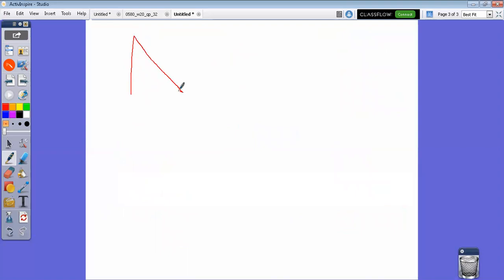What about if we have something like this? 21, 9.3, like this. So to find this side here, because it's not the longest, we say the longest side squared minus 9.3 squared, then the square root.